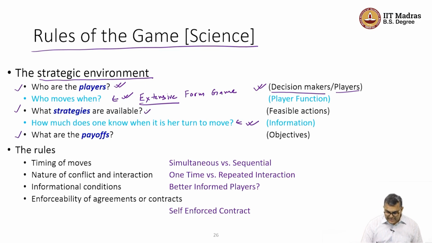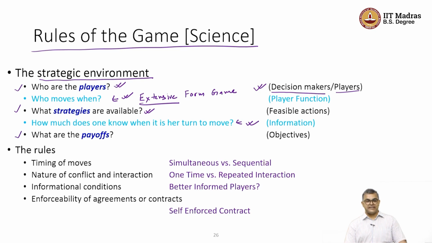Then the next is, what are the strategies available to each player? Like in the normal form game, in the prisoner's dilemma game, we have discussed the two strategies for each player. The war game that we discussed earlier can have army 1 attacking or deciding not to attack, and army 2 deciding to fight or to surrender.